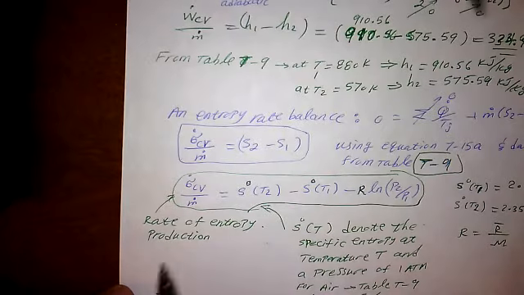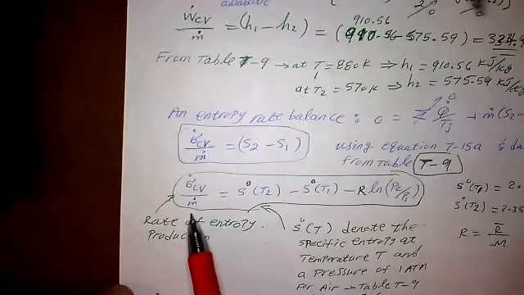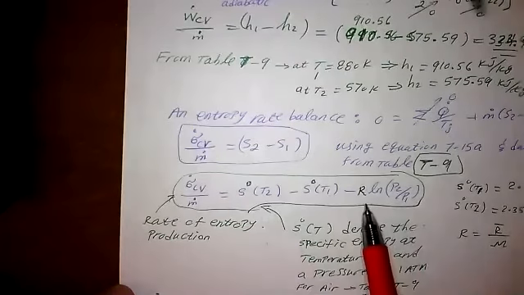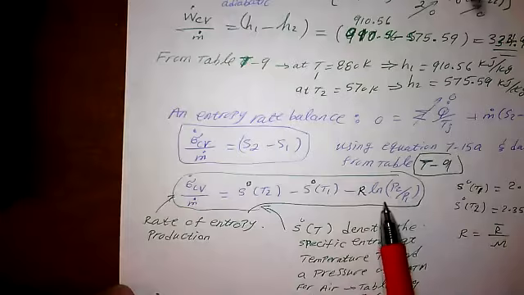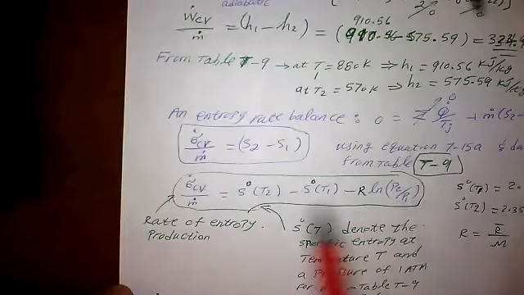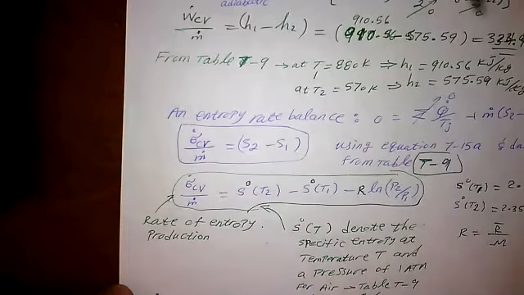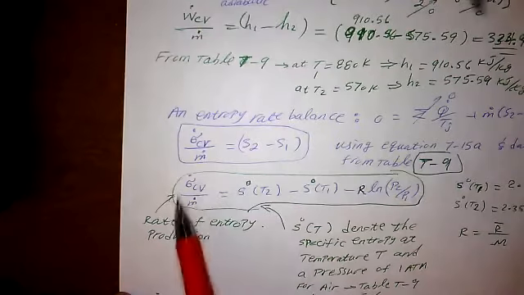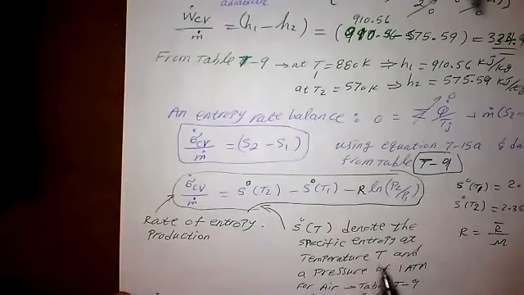We can rewrite this as sigma dot CV over m dot equals the difference of the specific entropy as a function of temperature, minus, because we have a pressure ratio, R natural log of P2 over P1. This formula is in the textbook and is a universal type of formula. This is the rate of entropy production, and the specific entropy denotes the specific entropy at temperature T and pressure 1 atmosphere.